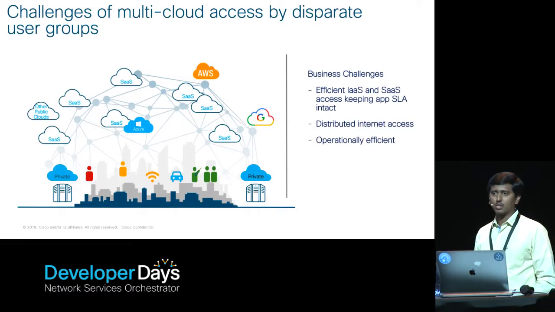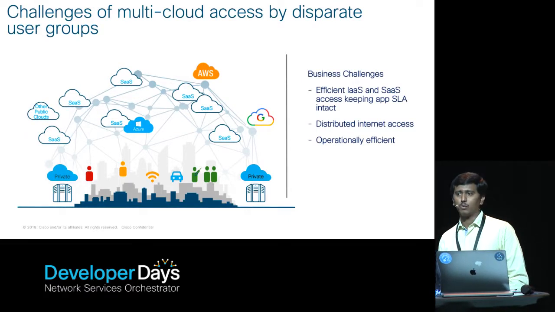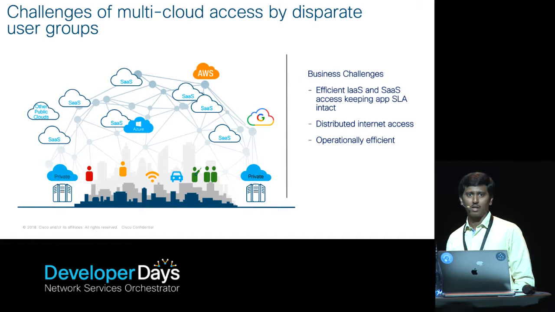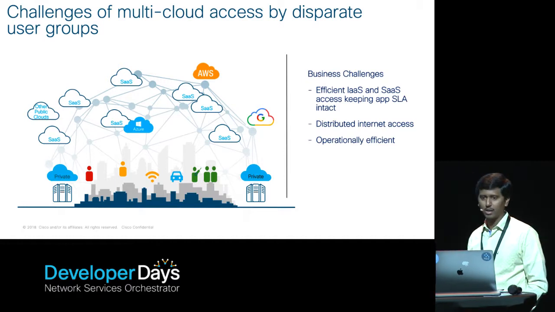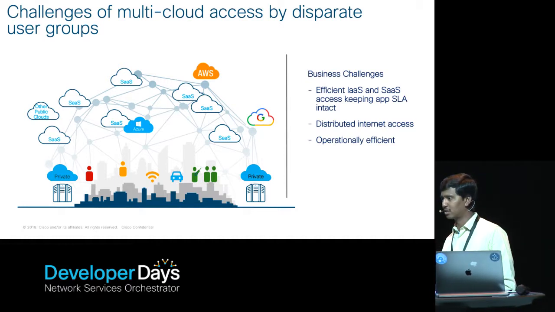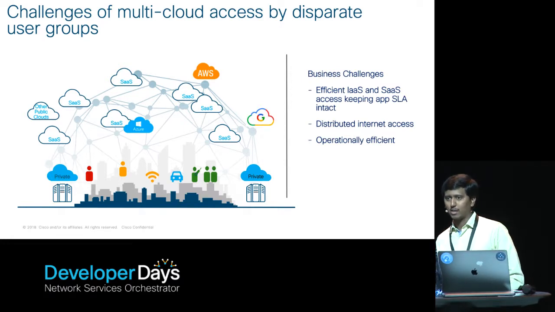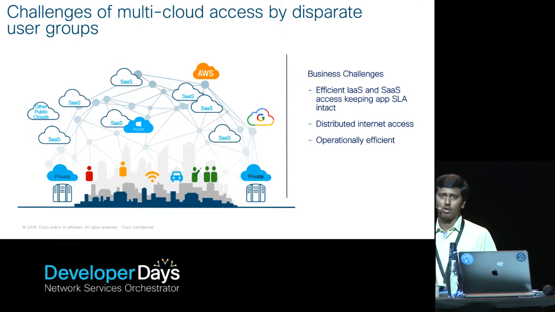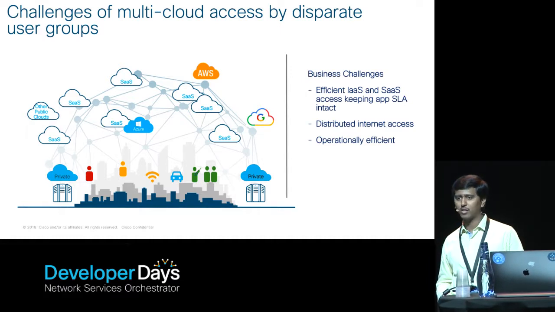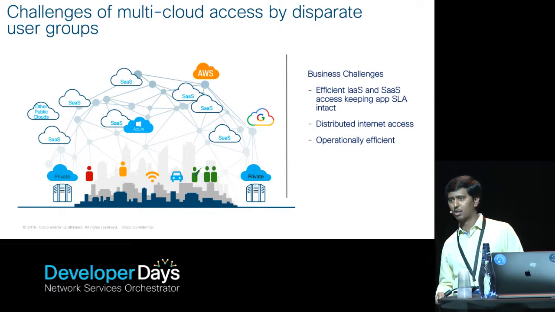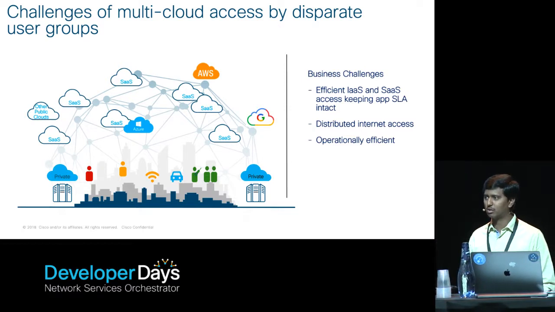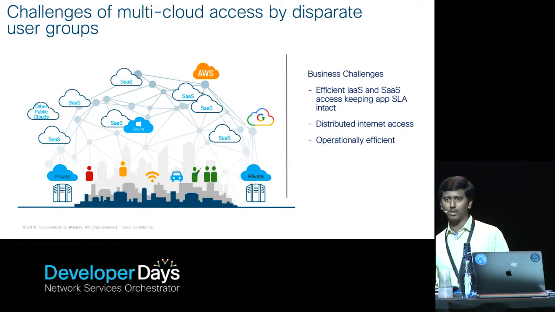So what's the problem statement here? We see a lot of global enterprises have disparate user groups accessing applications hosted in data centers over MPLS or SD-WAN. Now, with the emergence of cloud, like SaaS-based offerings for Box or Office 365 and infrastructure as a service or IaaS offerings for AWS, Azure, or Google Cloud, the enterprises are leveraging this to move and host their applications in cloud.